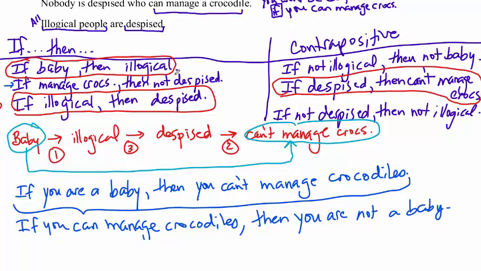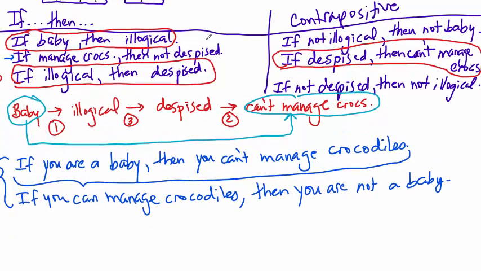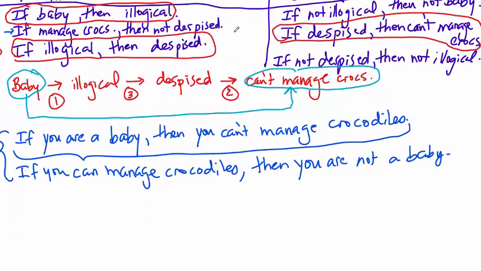Now, the reason I want to emphasize this is because we are taking multiple choice tests in my class. So let's say that the answer that you're supposed to choose is if you are a baby, then you can't manage crocodiles. But you get if you can manage crocodiles, then you're not a baby.